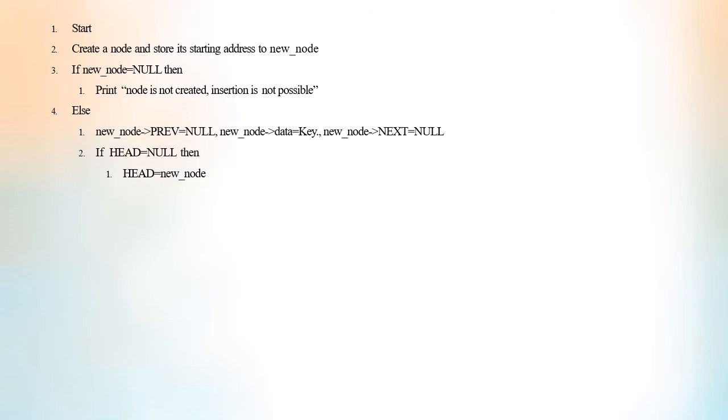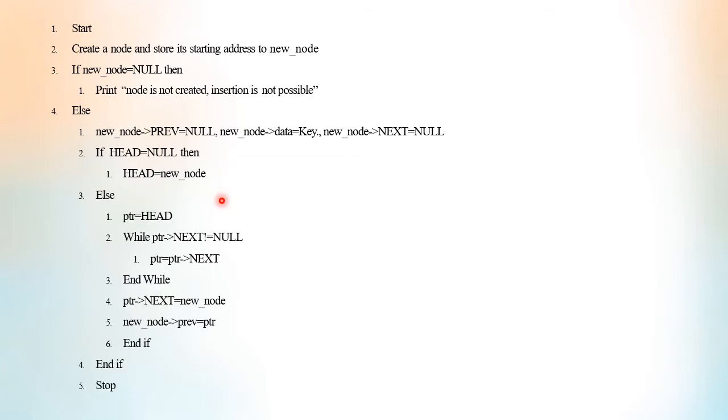In the else part, initialize the values of different fields of the new node. Assign previous part as null, data part as key, and next part as null. If the head is equal to null, that means a doubly linked list does not exist. In that case, assign head is equal to new node.